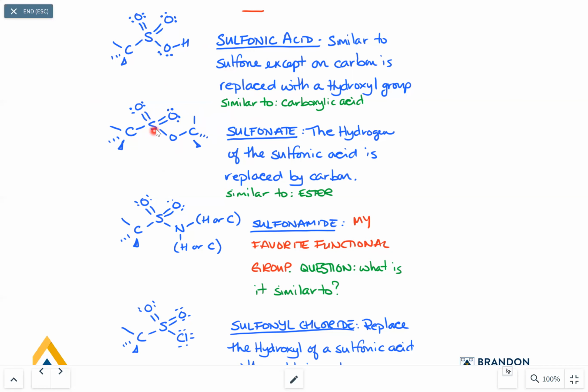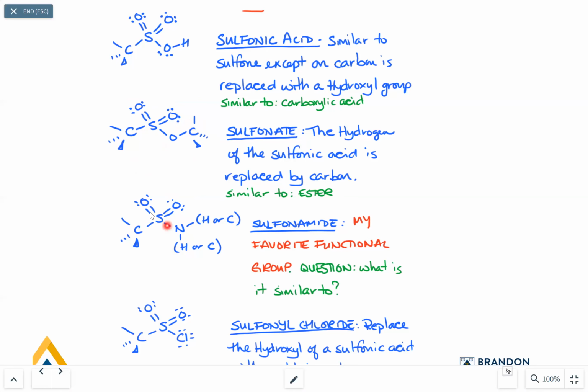Often these are designer compounds that have been created for a specific task. In organic chemistry, one of these tasks is the sulfonate can become a really good leaving group. So it's used in that chemistry to make this carbon here electrophilic. We'll get to that for all of you who haven't gotten there yet.